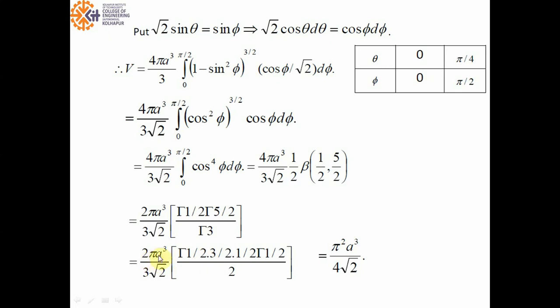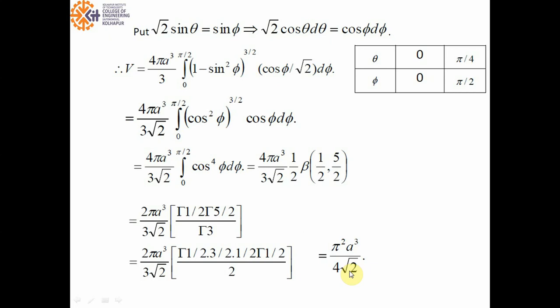So we get here 2 pi cube upon 3 root 2. Gamma 1 half you keep as it is. Gamma of 5 by 2 we can write as 3 by 2 into 1 by 2, gamma 1 by 2. Gamma of 3 is nothing but 2 factorial, and 2 factorial means 2. Simplify this total term. It is equal to pi square into a cube upon 4 root 2.